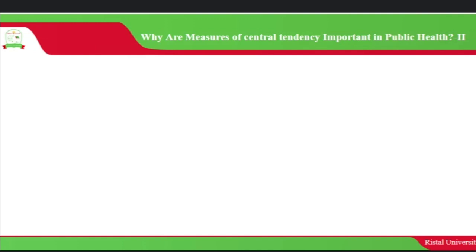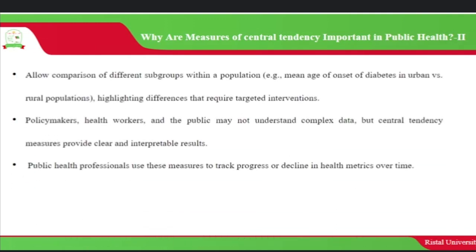Looking also at comparing subgroups within populations, they can help us easily compare different subgroups within populations. For example, comparing the median age of onset of diabetes in urban areas versus rural areas.